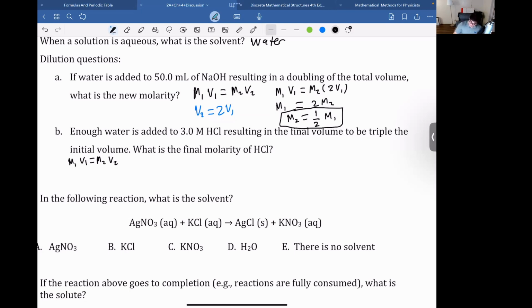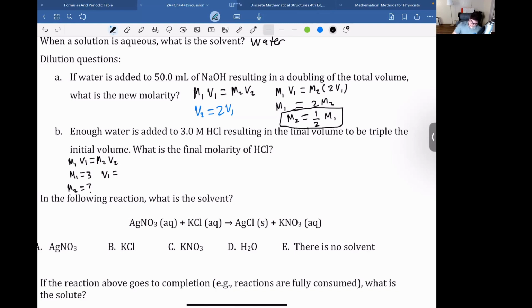First we have M1 is equal to 3 molar. I'll make these very clear. M1 equals 3 molar. I'm not going to write the units just to avoid confusion. M2 is something I don't know. It's what I want to solve for. The first volume is something that I also don't know.